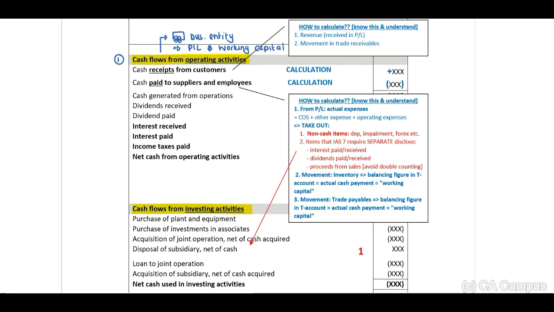Now, when we look at our cash flows from investing activities, category number 2, what are the investing activities of an entity? Now, this will be the assets on our statement of financial position, where we will receive our future economic benefits from.